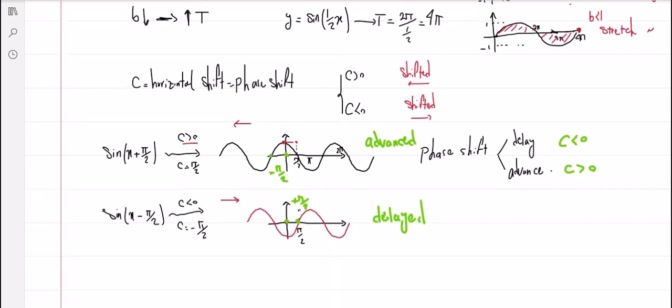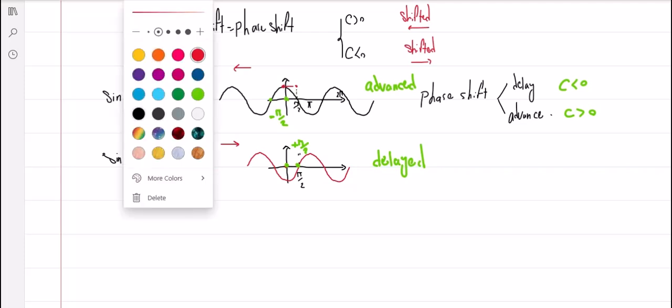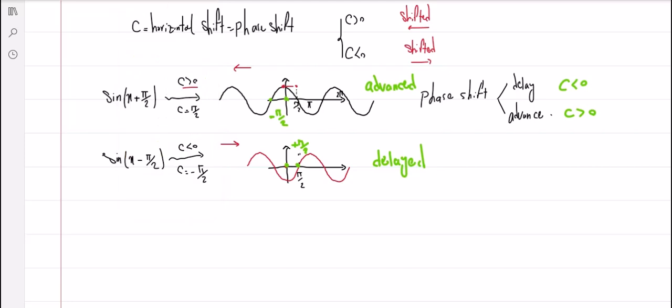Now we are going to look at the last value, or the last variable, which is d. d on these transformations shows the vertical shift of the function. d is equal to the vertical shift of the functions.